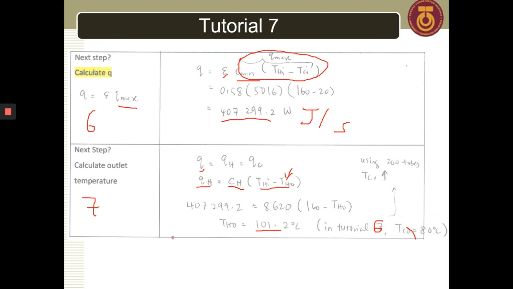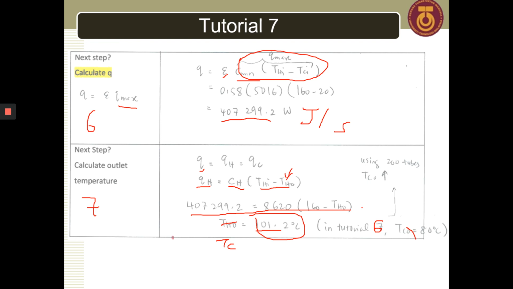Actually, the value I got here is not the value of THout, but the value of TCout. My mistake here. Because if you press the calculator, it will give you a different answer.